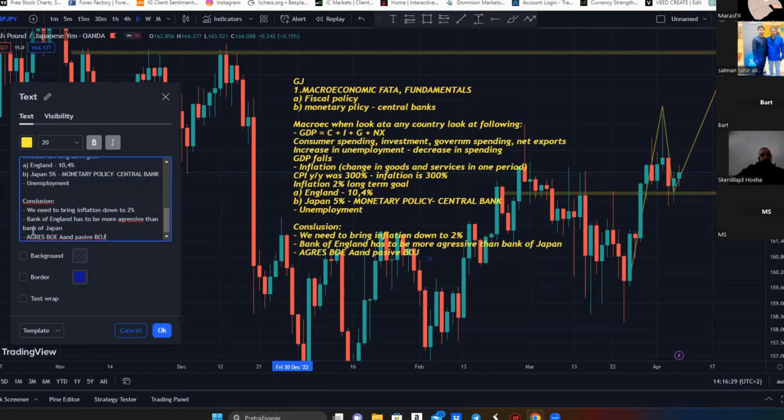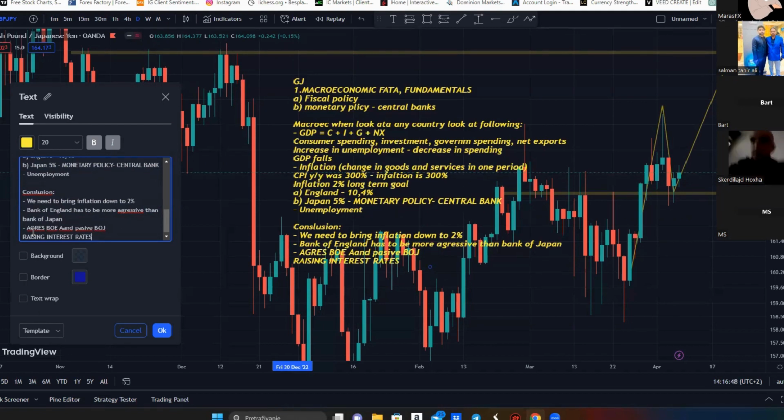So you conclude that England will fight its inflation because it has to, while Japan will not. And we fight inflation by raising interest rates. Do you know what raising interest rates means? Is it good for the currency, sir?